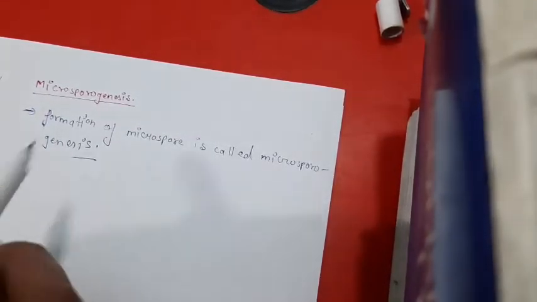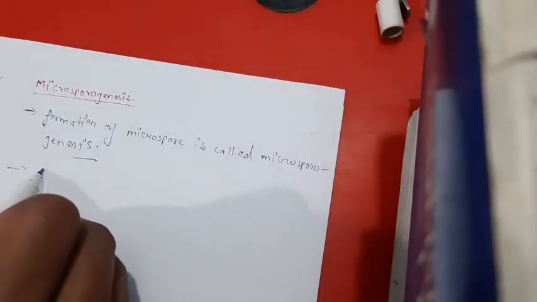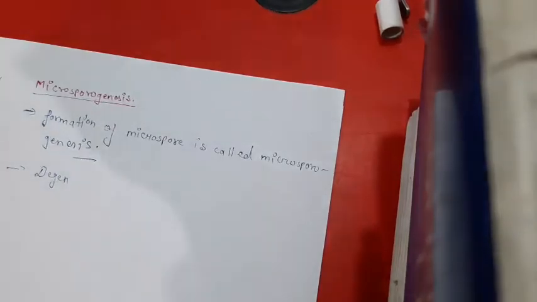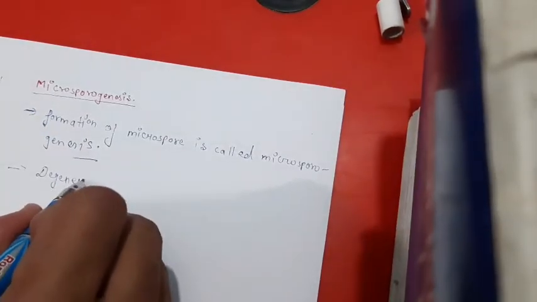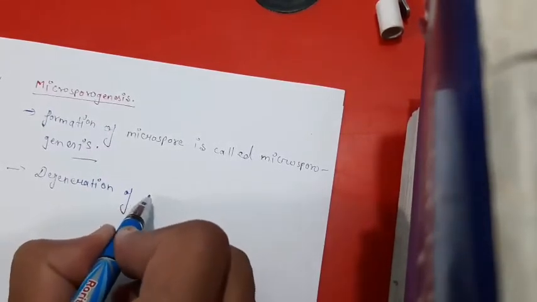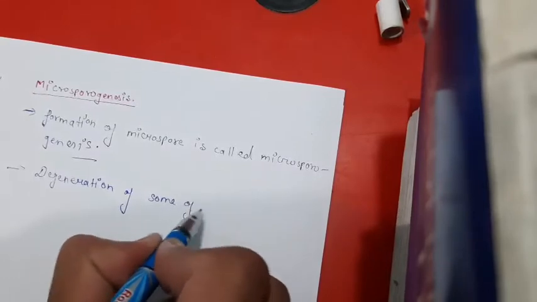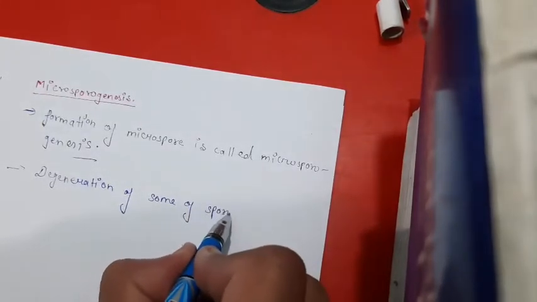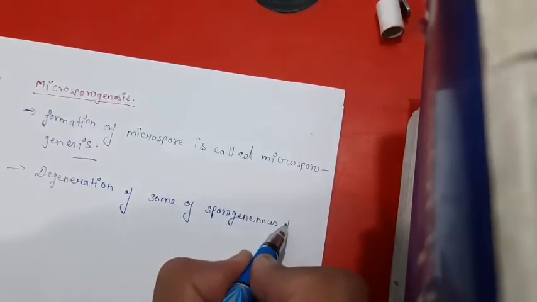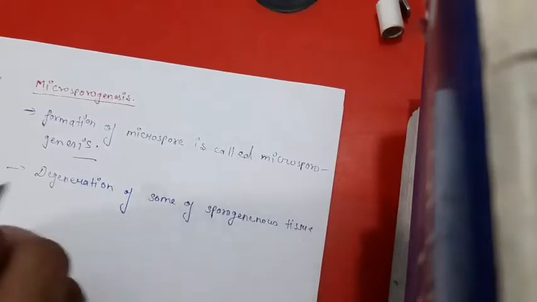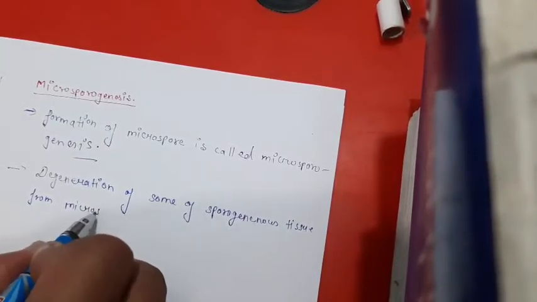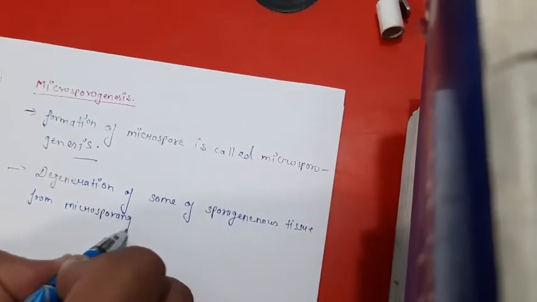Now we will discuss how it takes place. In the first step there is degeneration of some of the sporogenous tissue from the microsporangium.